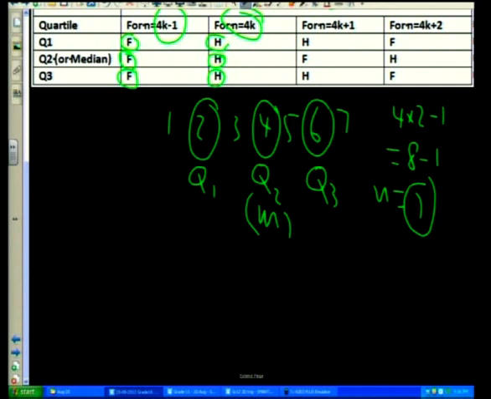Typically, if you have 1, 2, 3, 4, 5, 6, 7, and 8, this position divides this data into equal data points on the left and the right. And that becomes position 4.5, and that's quartile 2. That's position 4.5. So that's what I mean by half positions.